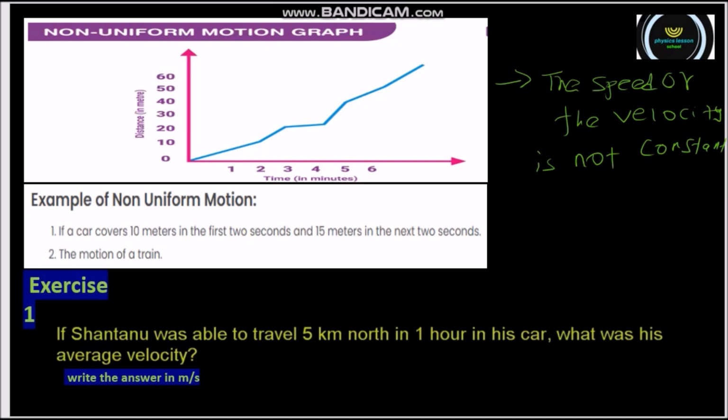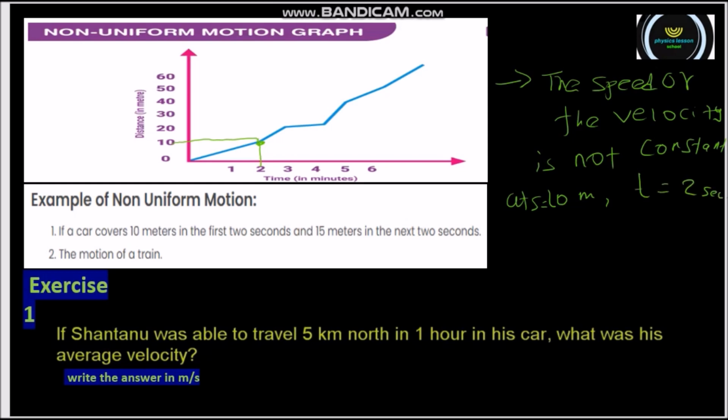That means, let us consider this graph. This is the distance-time graph. At a distance of 10 meters, the corresponding time is 2 seconds.